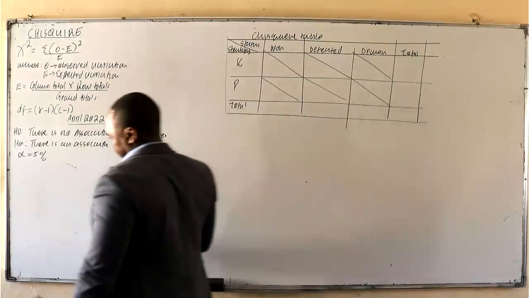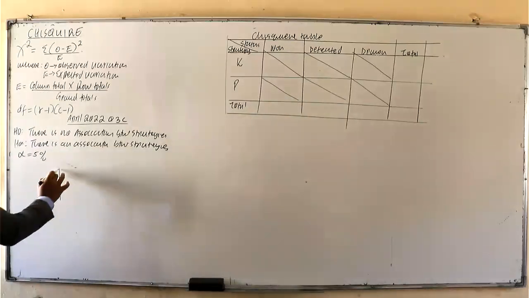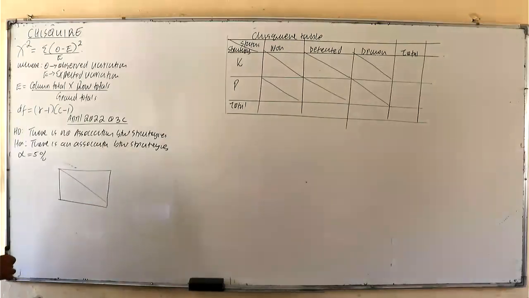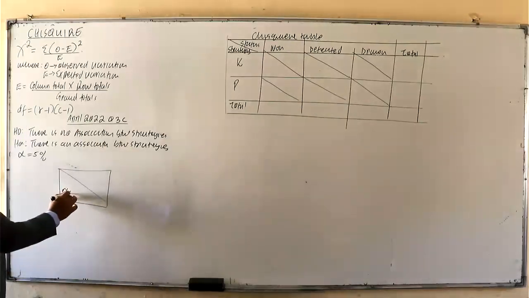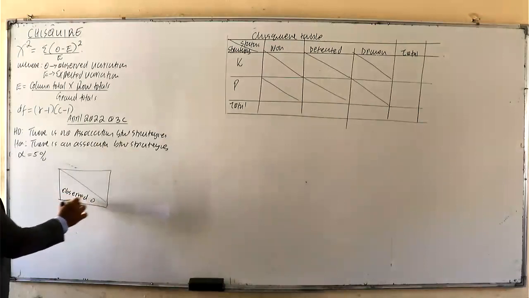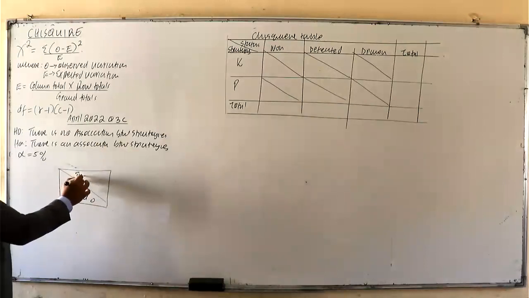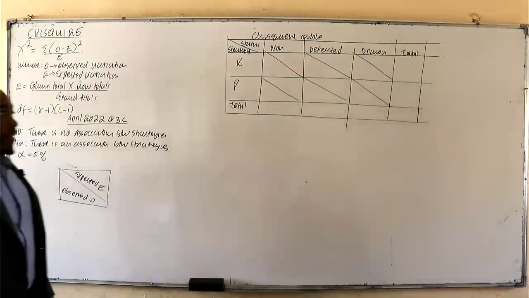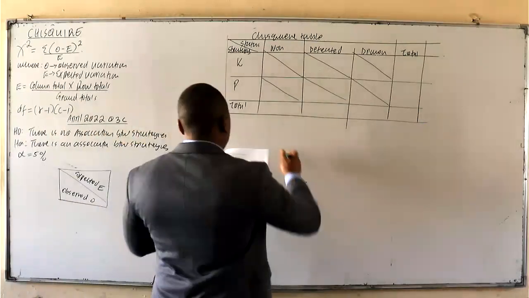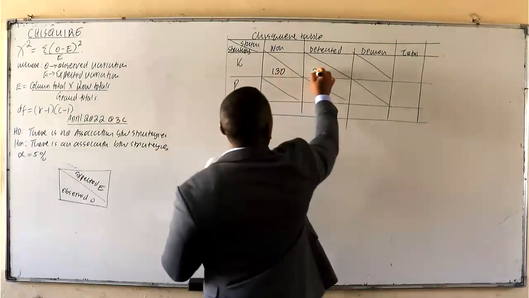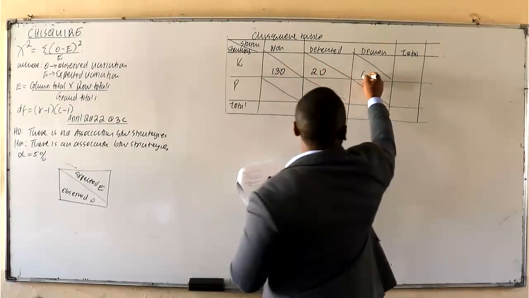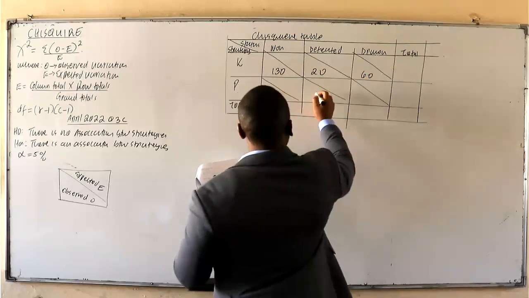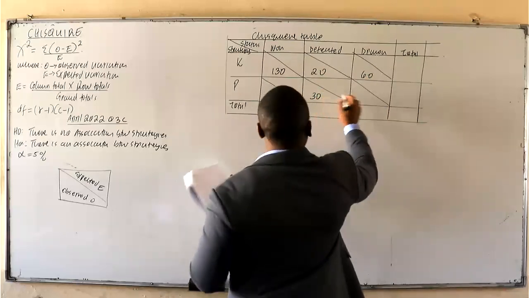Here we have the observed, that's O, and here the expected. For observed we have 130, 20, 60, 110, 30, 50.